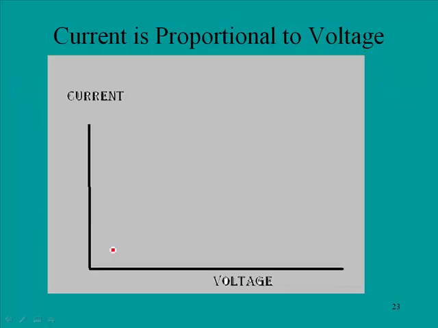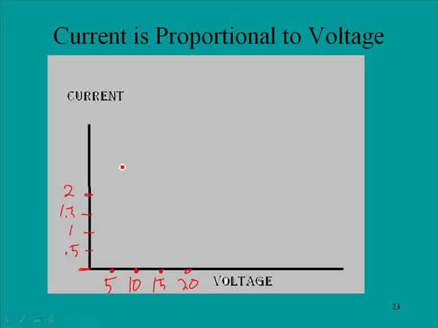And if we were to graph this, let's see, if we had our voltages were 5, 10, 15, and 20, and our currents were 0.5, and let's see, we had 1, and 1.5 and 2, something like that.